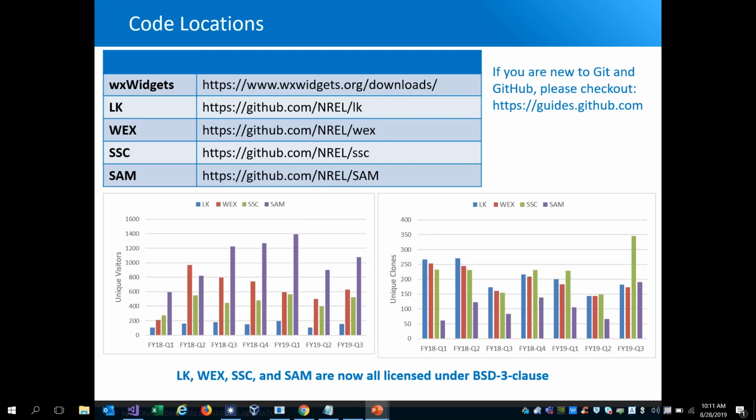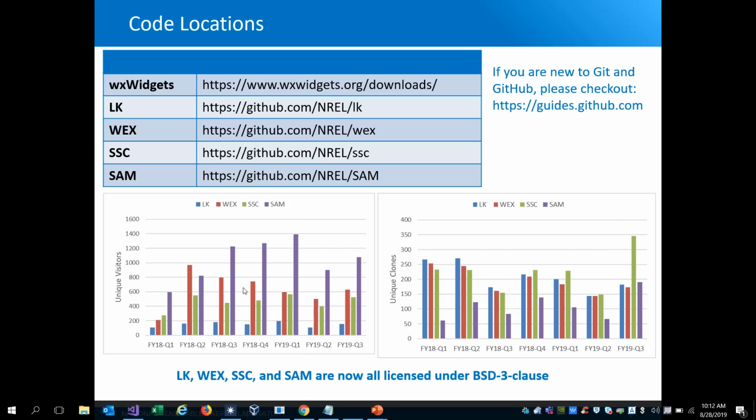All the code is publicly hosted on GitHub and accessible. I just wanted to point out some of the traffic we've got over the last couple years on the open source, to give you an idea of what this looks like. On the bottom left, we're showing unique visitors, and you can see that the SAM project gets a lot of visitors every quarter, primarily because people first come to the SAM repository and then go where they need from there.